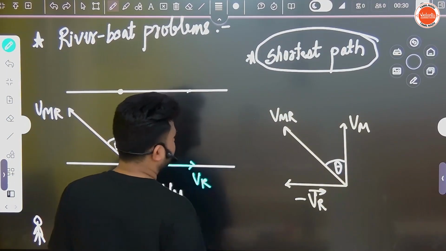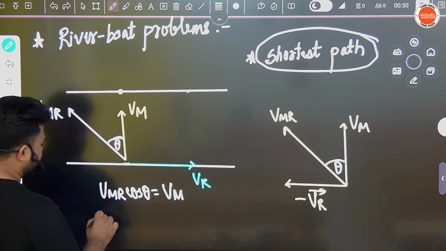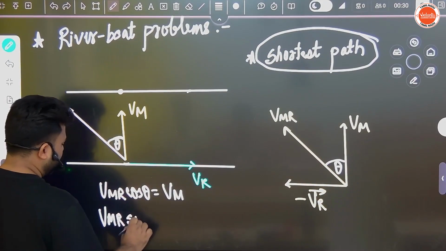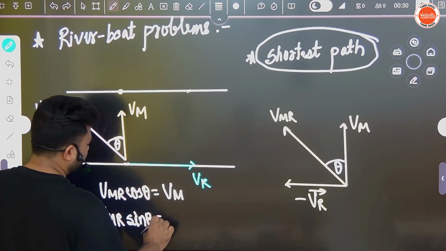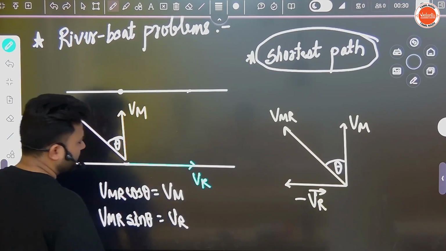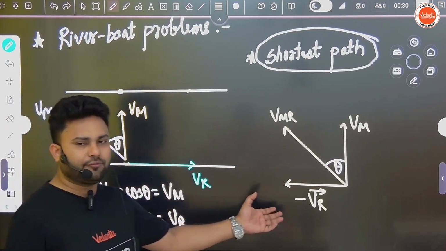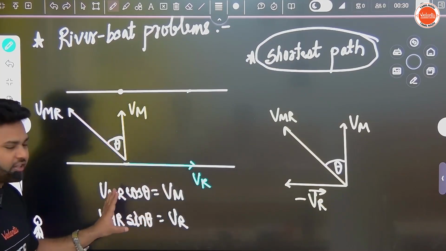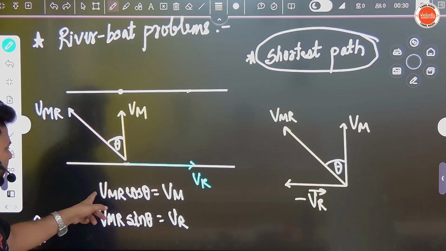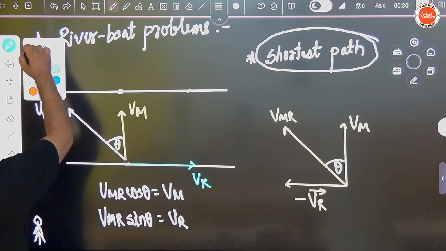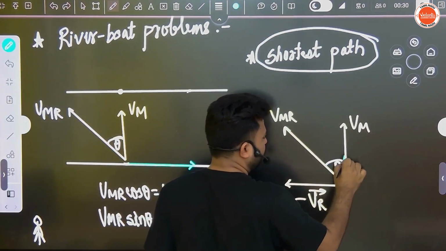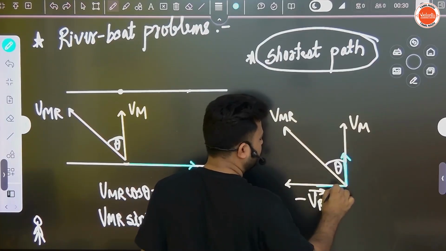Similarly, VMR sin theta, just focusing on the value, will be VR. Minus just tells direction, for a vector quantity. Right now I am concerned just about the values. So VMR cos theta, this vector has two components: one component in this direction and one component in this direction.